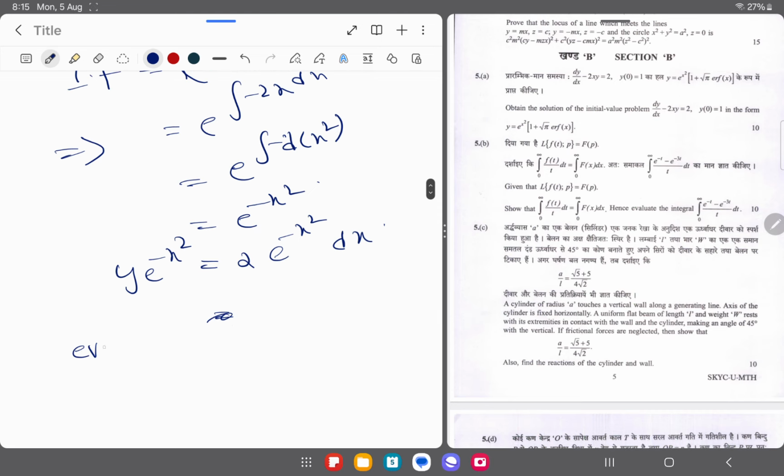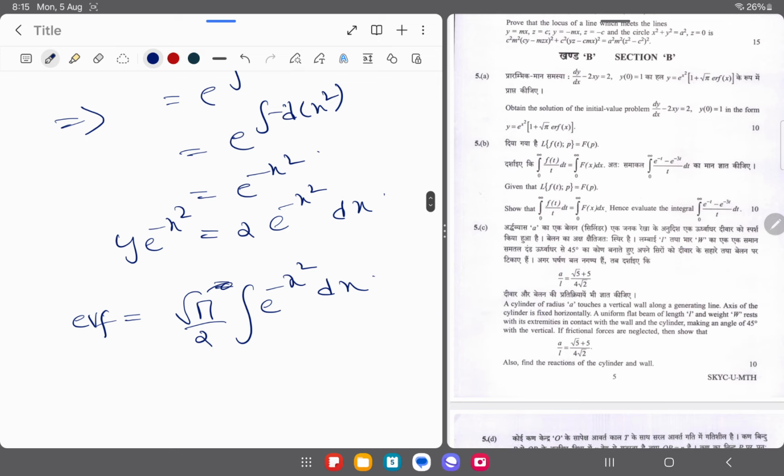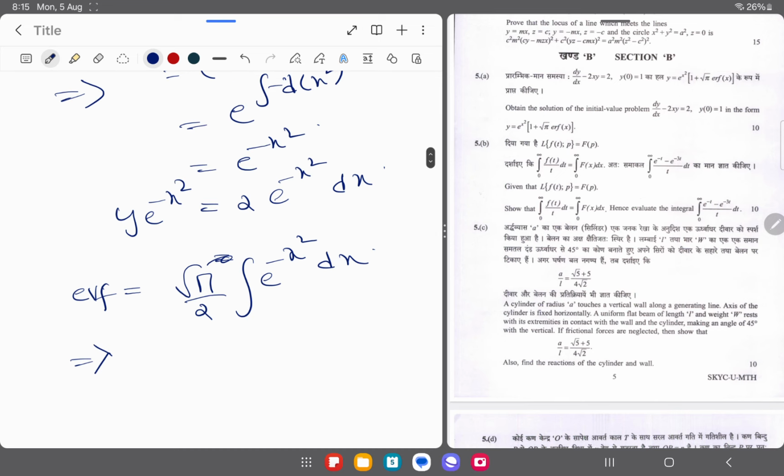What is the error function? It is root pi by 2 integral e power minus x square dx, right? So what will be this one? Plus c, of course, right?